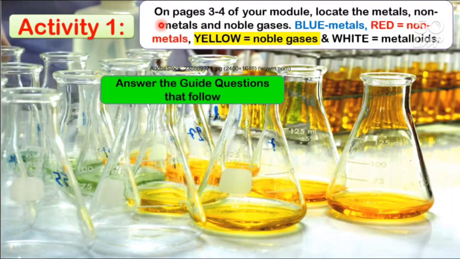In activity 1, on pages 3 to 4 of your module, locate the metals, non-metals, and noble gases. Just color blue if the elements are metals, red if non-metal, yellow if noble gases, and white if metalloid. Then there are guide questions to follow, just answer them.